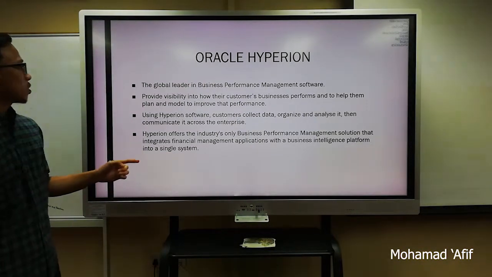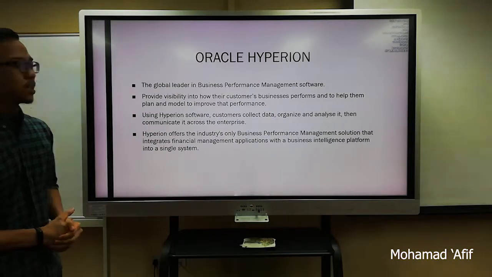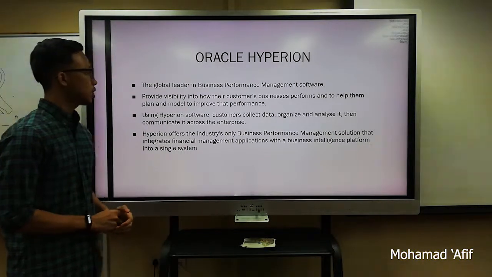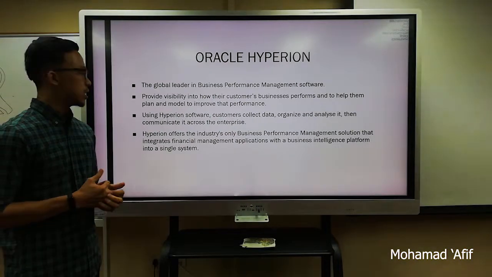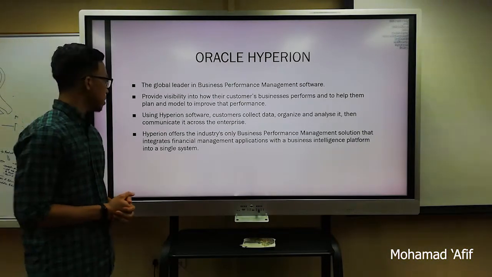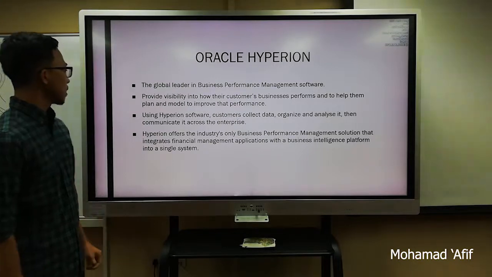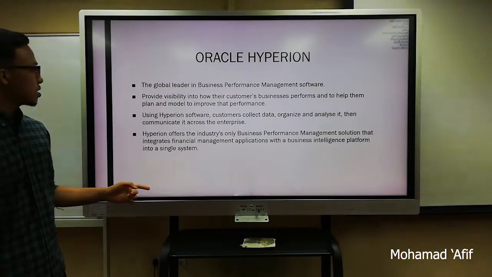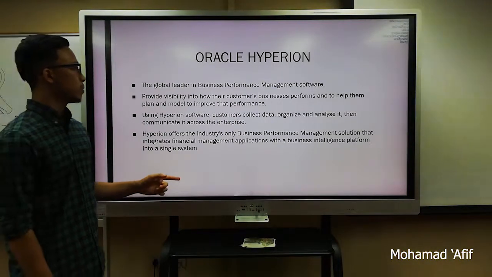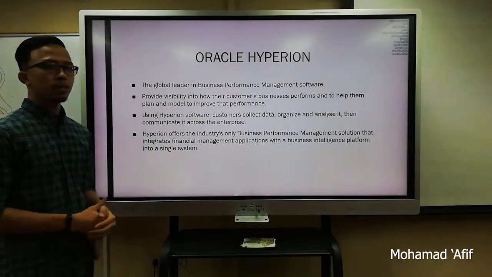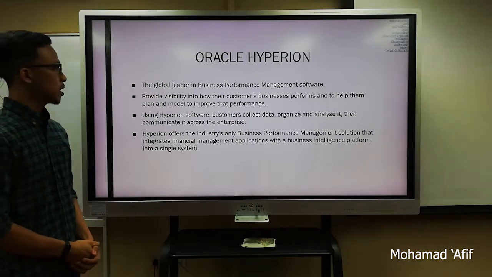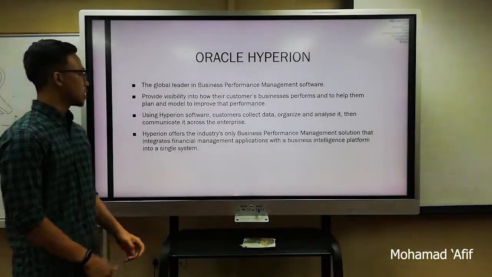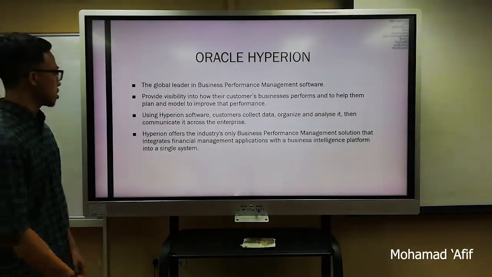By using Hyperion software, customers can collect data, organize data, and analyze it, then communicate it across the enterprise. Hyperion offers the industry's only business performance management solution that integrates the financial management application with the business platform into a single system.